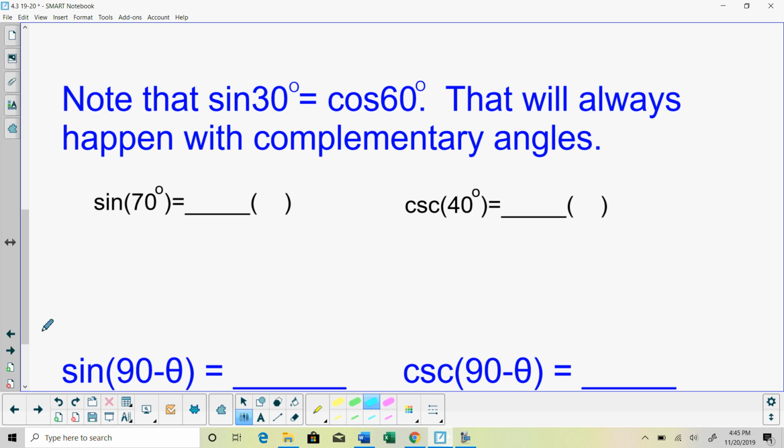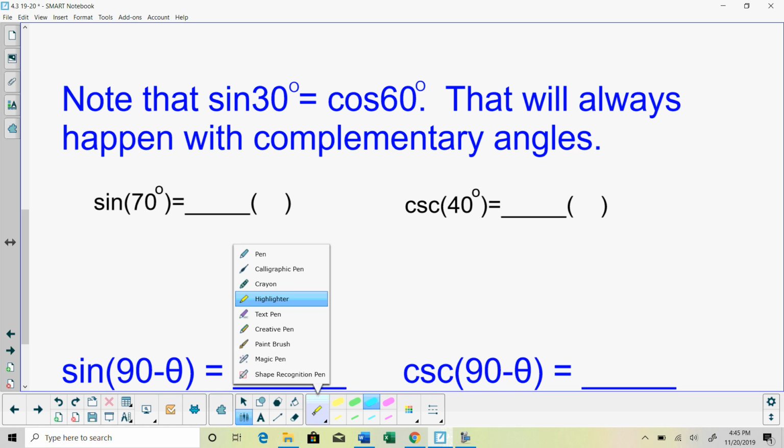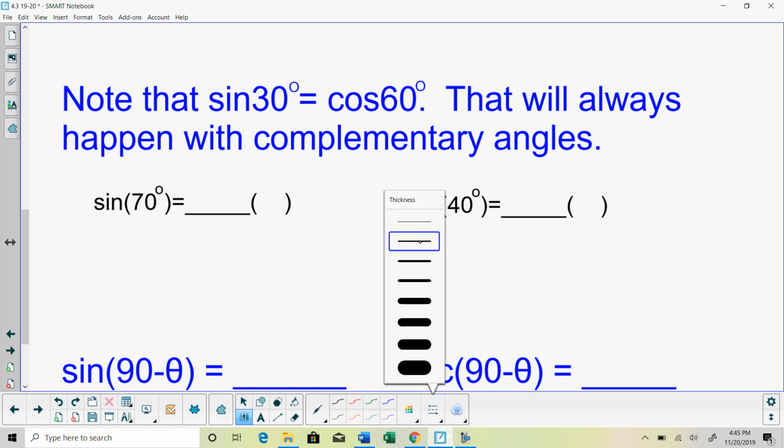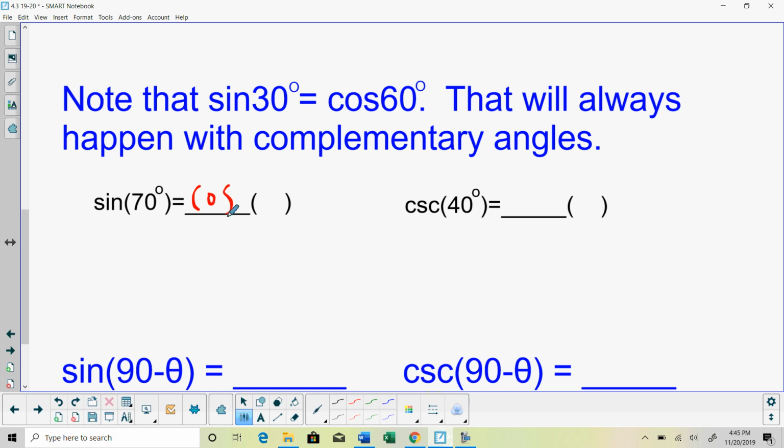Note that sine of 30 equals cosine of 60, and that will always happen when you take the co-functions of complementary angles. So for example, the sine of 70 degrees is going to be equal to, I need the co-function of sine, which is cosine. Try this again. Equals the cosine of, and I need the complement of 70 degrees, which is 20 degrees.